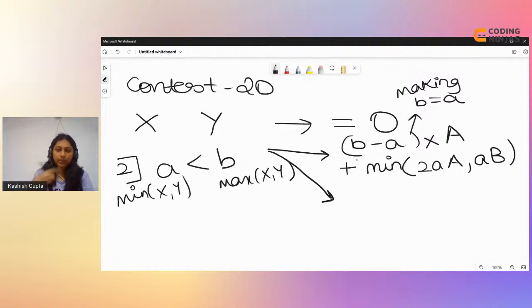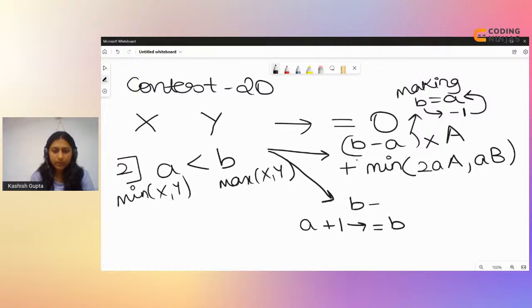There can be one other case. Let's say we decremented b minus 1, and then made it equal to a by decrementing again and again. What we can do instead is increment a some number of times and make it equal to b.